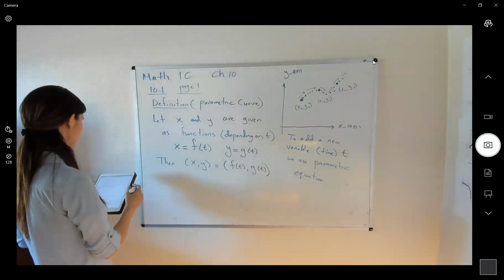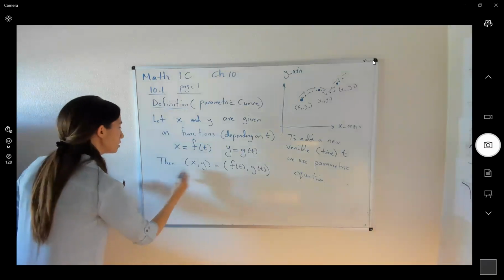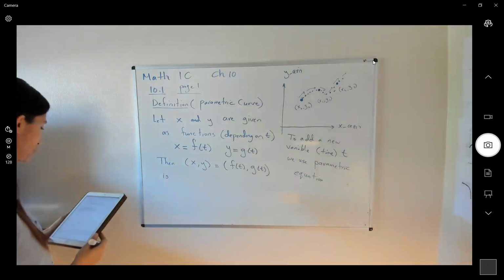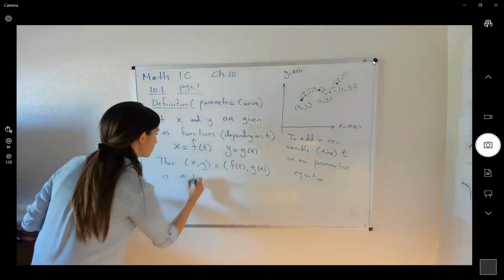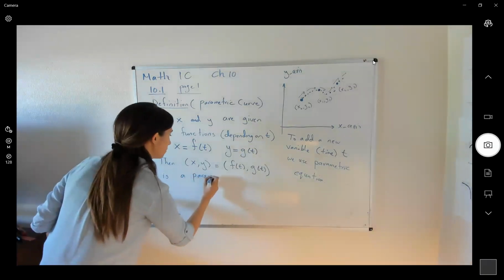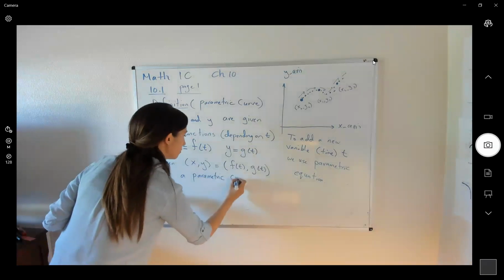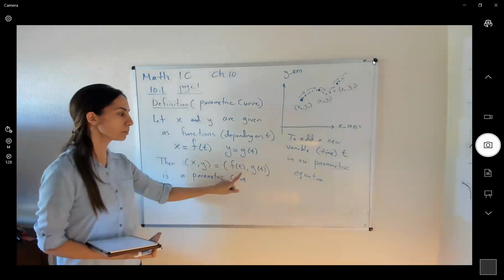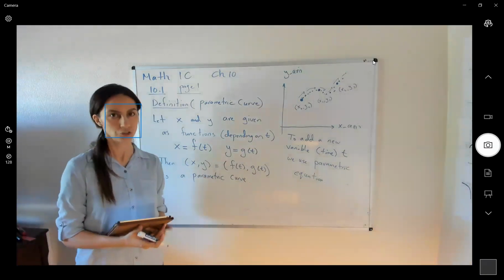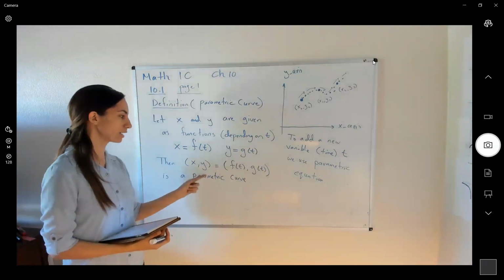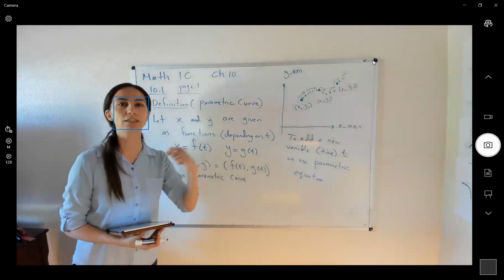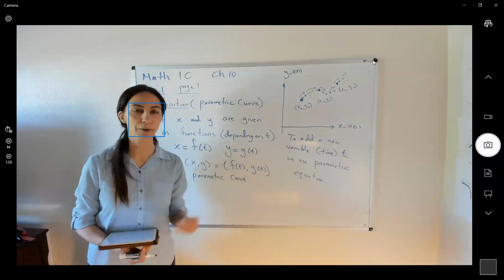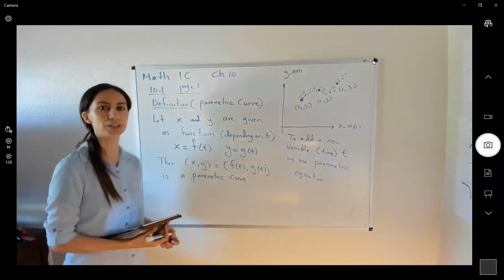So this guy is a parametric curve. Parametric curve because you're using a new parameter t. Since these two variables x and y are dependent on a new parameter t, we call it a parametric curve.